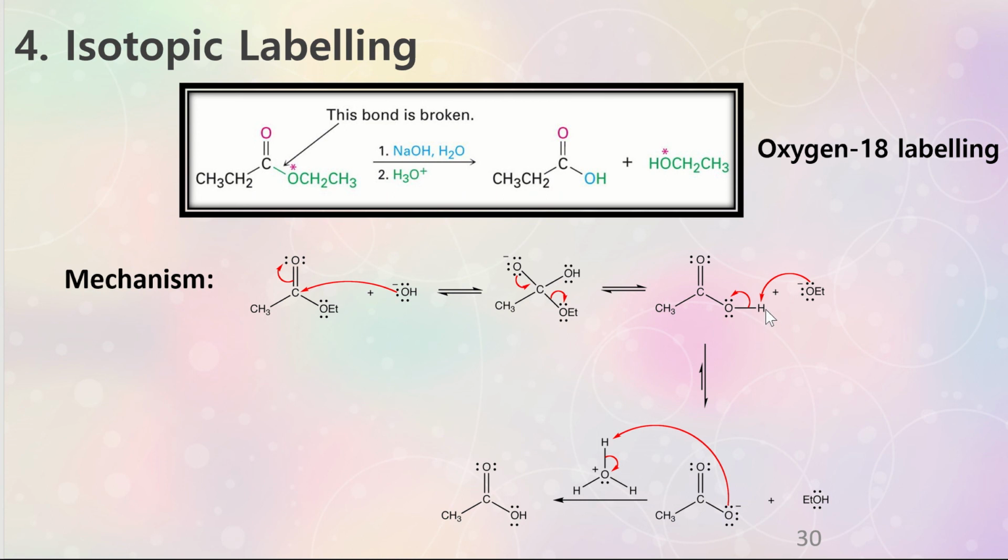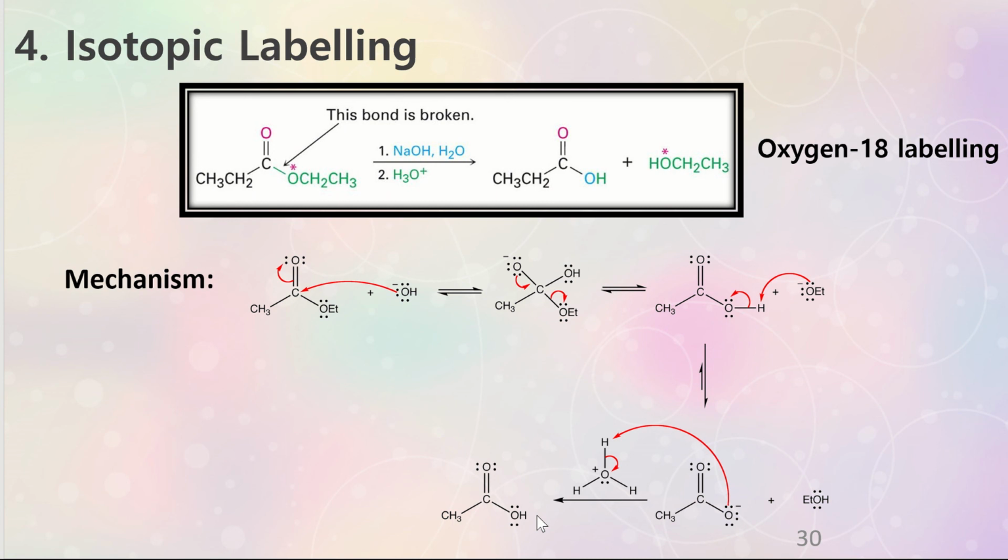And then we have another molecule of ethoxide, which was eliminated here, abstracting our proton to form negatively charged oxygen here, which then abstracts a proton from our hydronium ion to form our carboxylic acid, right?